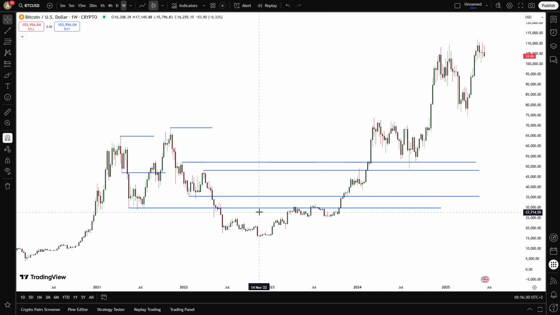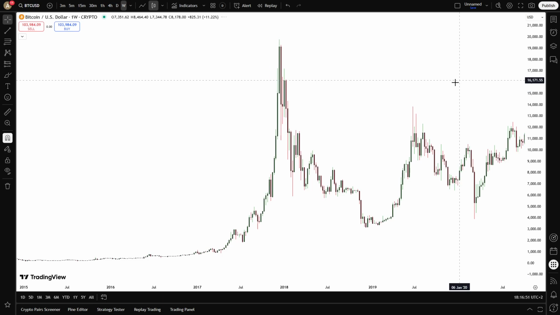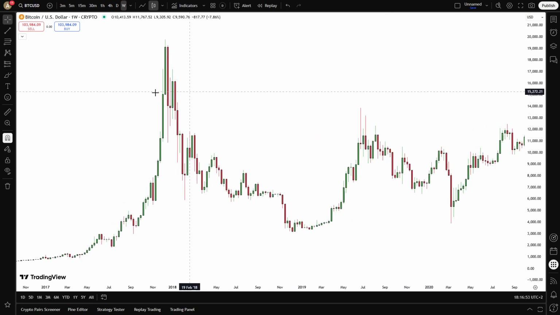What happened? You started consolidating below it, you broke it, and you keep moving up. What happens later? You get back into that staircase. Right here. Well, this was almost this high at the same time. And this logic just has been working for multiple cycles, guys.